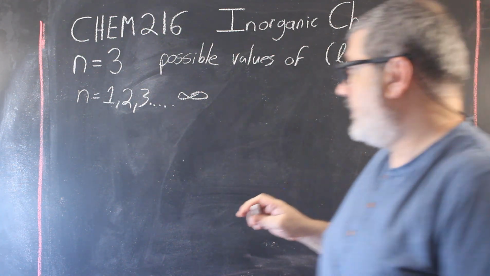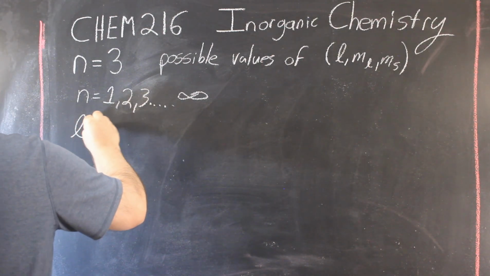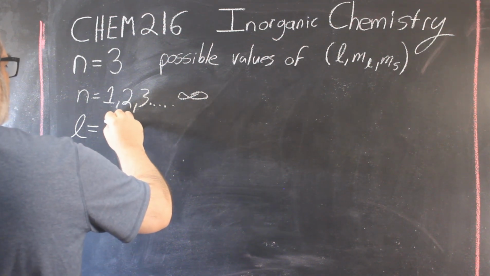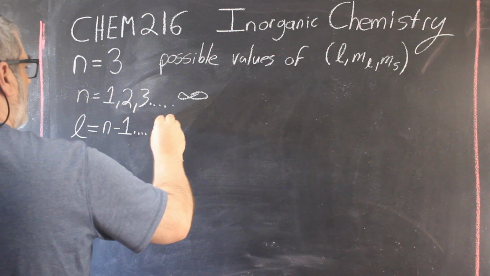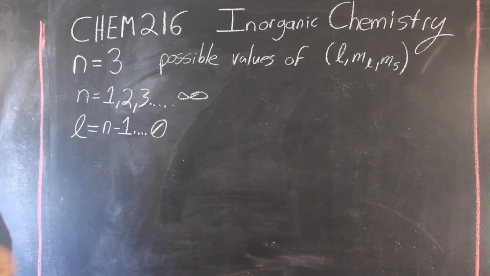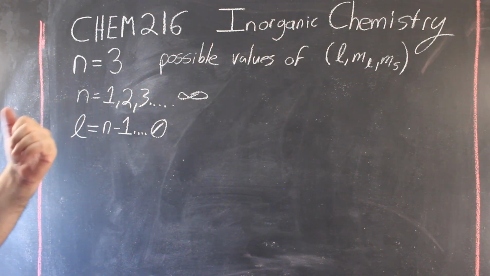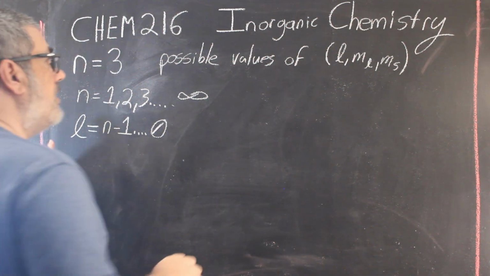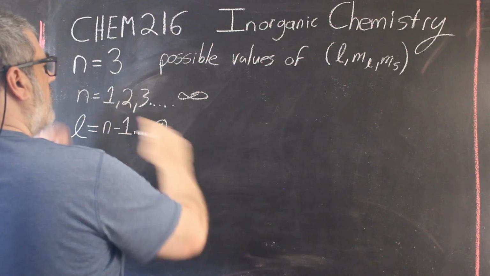Our other quantum numbers, L. L is equal to n minus 1 through 0. Now, if n is equal to 1, then it's just 0. If n equals 2, well, then we get 1 and 0. So in this case, we have n equals 3.